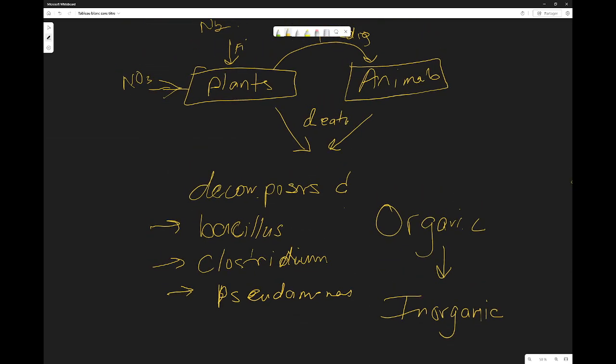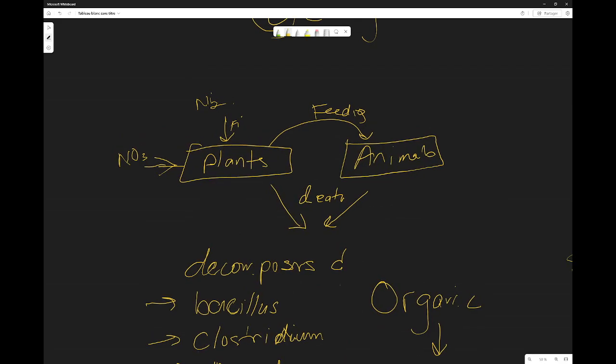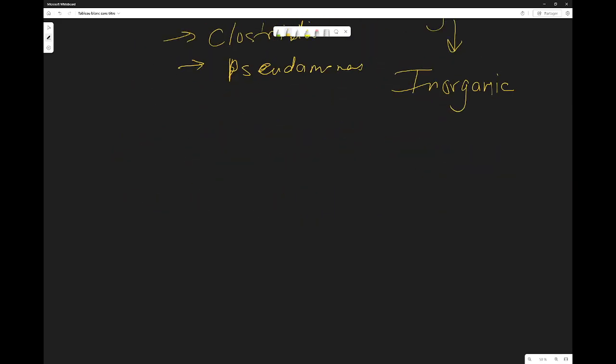Now coming back to our microorganisms like Bacillus, Clostridium, and Pseudomonas, ammonification really speaks to the production of ammonium from proteins. So when proteins in these dead organisms break down, they usually break down through a process called deamination.